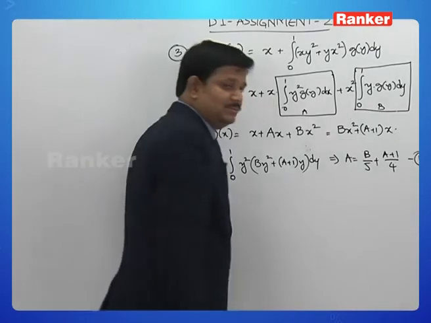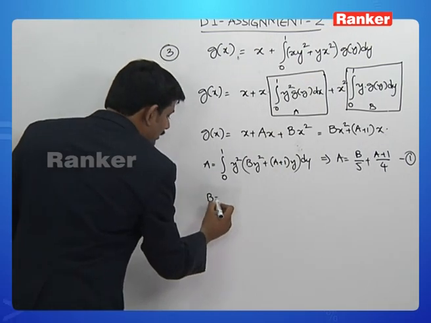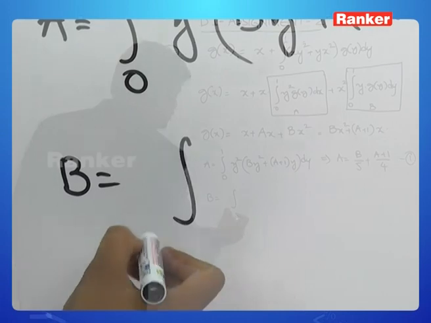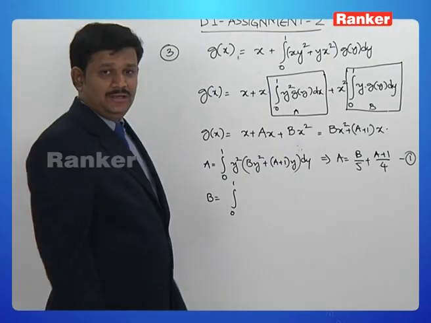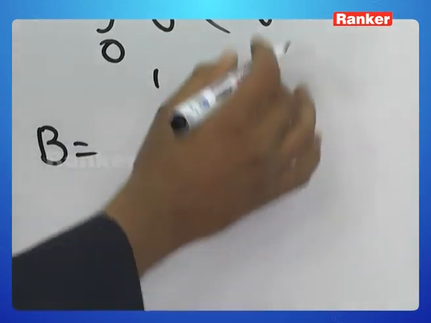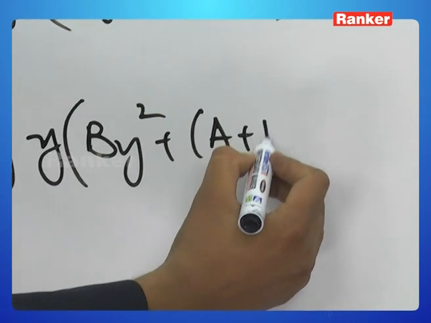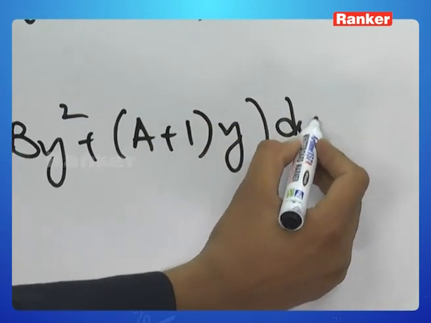Let me call this equation number 1. And similarly, the other constant b is the integral from 0 to 1 of y into g of y, where y into g of y is by square plus a plus 1 into y dy.